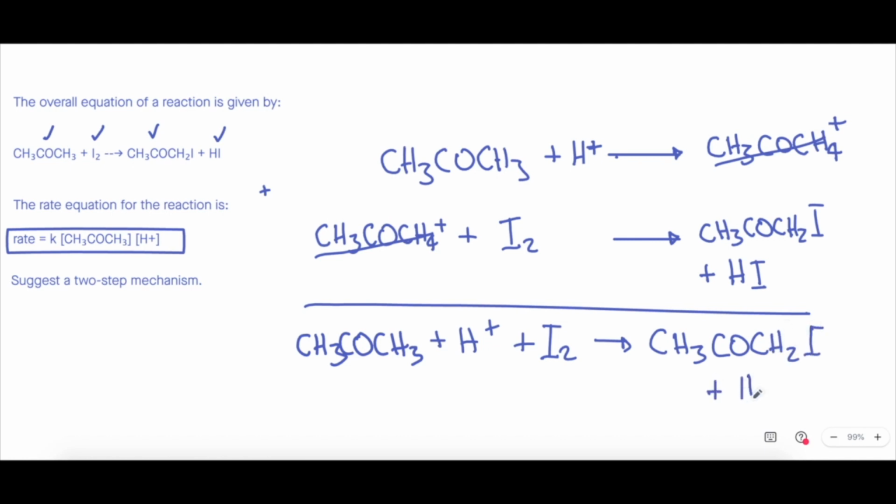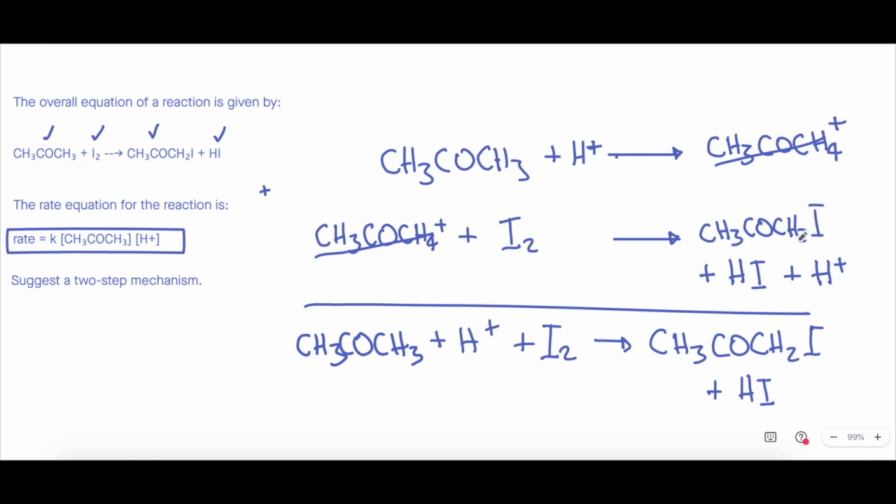plus HI. But if you compare the two, you see that there's something different between what we've just calculated and what we should be getting. There's an extra H plus in our overall reaction. So that needs to cancel out. And that would come out in the second step here. So there'll be a plus H plus here. Because if you think about balancing it, you have 7 H's here.